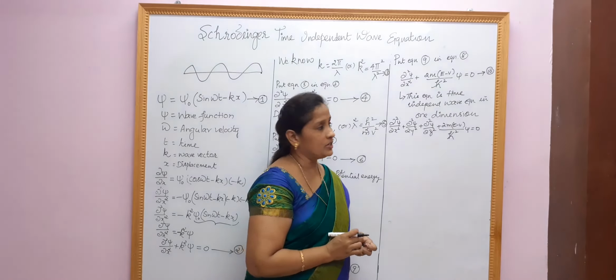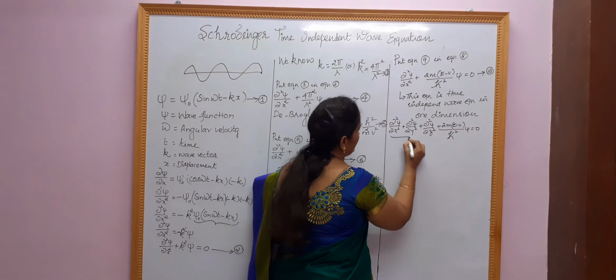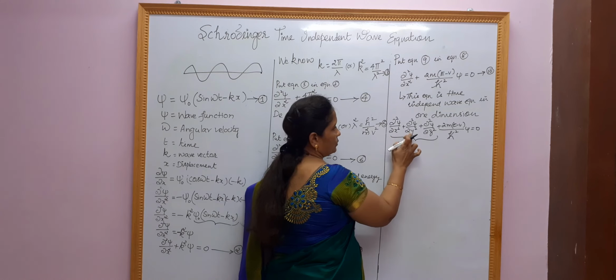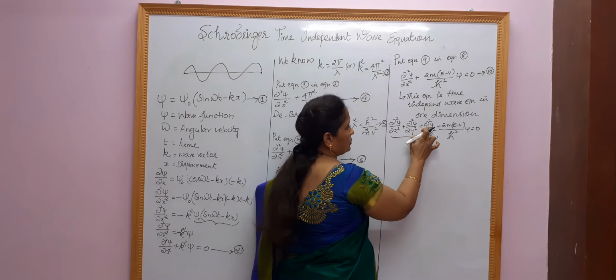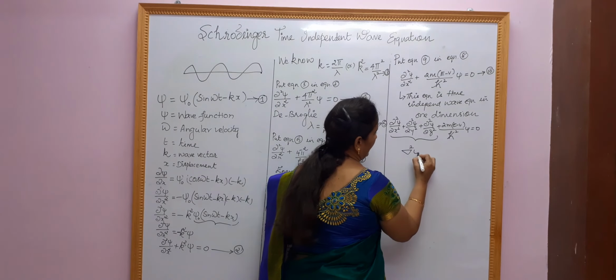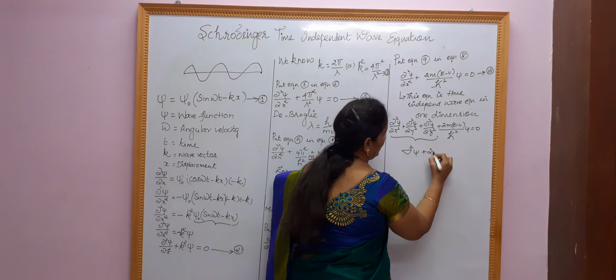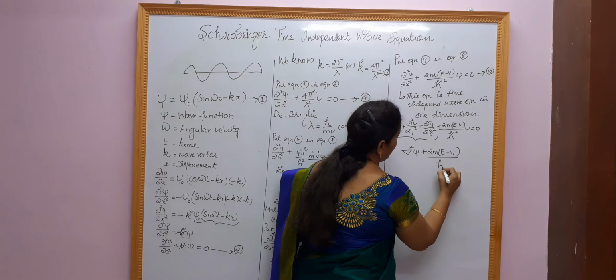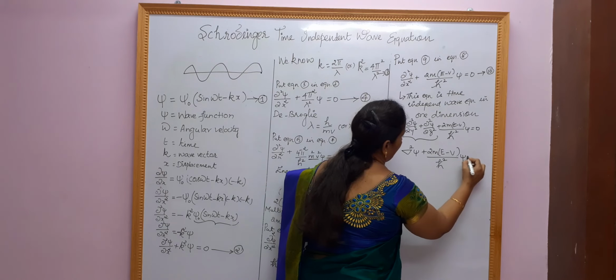These terms, dou square psi by dou x square, dou square psi by dou y square, dou square psi by dou z square, can be replaced by del square psi plus 2m(E minus V) by h cross square into psi is equal to 0.